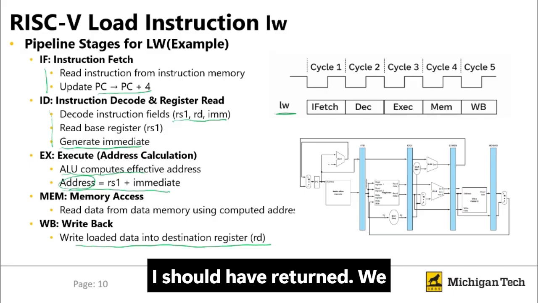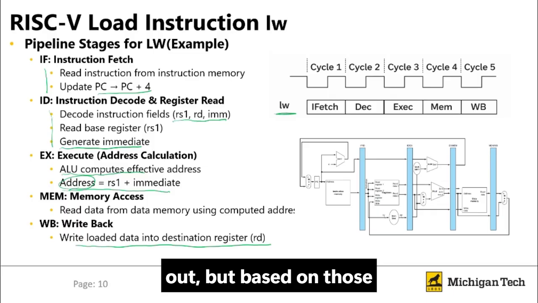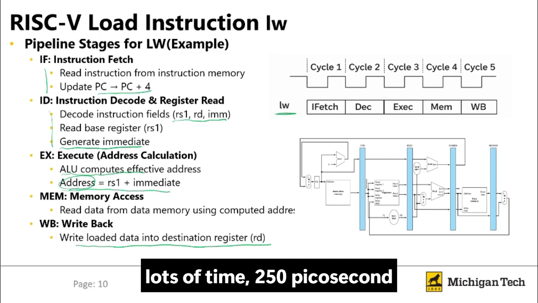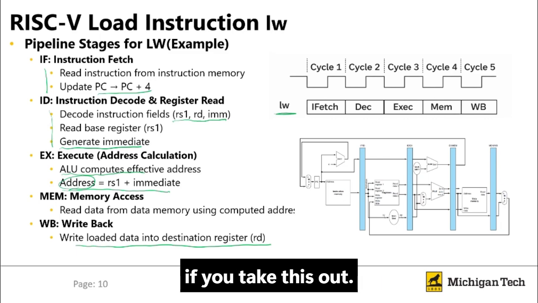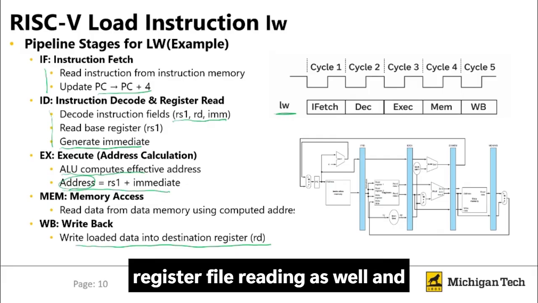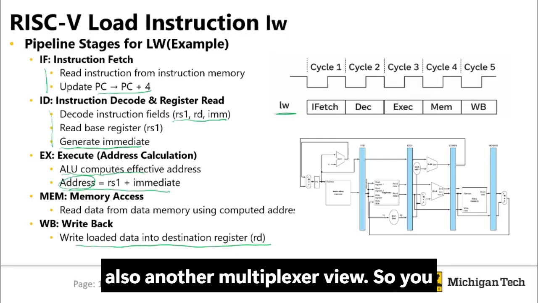Actually, we can take this out, but based on those examples, access to memory takes the longest time, 250 picoseconds. If you take this out, you need to add this to register file reading as well, and also another multiplexer between.